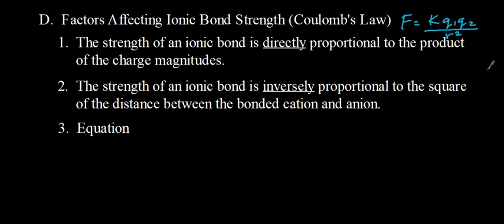Coulomb's law applies in any situation where you have attractions between oppositely charged particles, such as the nucleus of an atom and its electrons. Here we're talking about the attraction between cations and anions. So if we look at the equation, how do we increase the value of F?